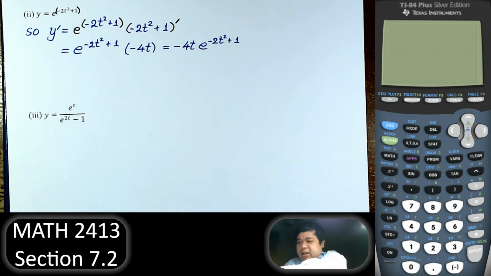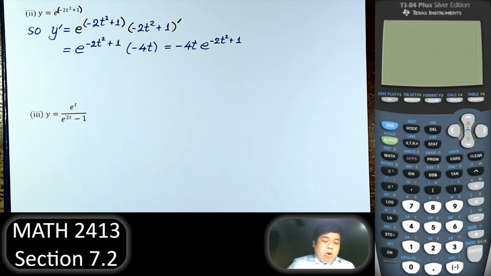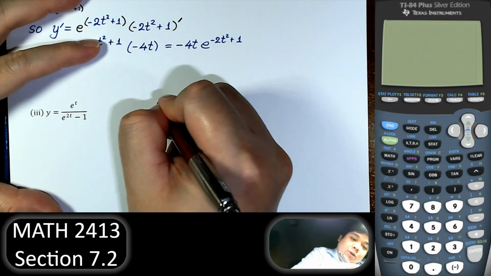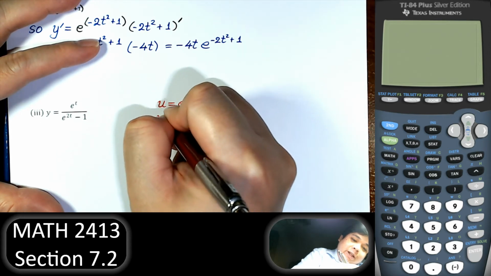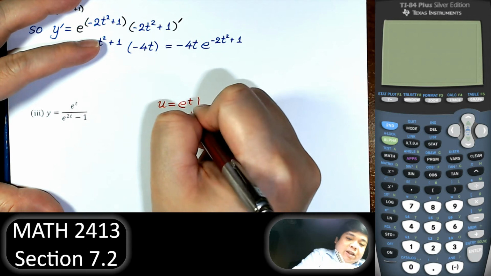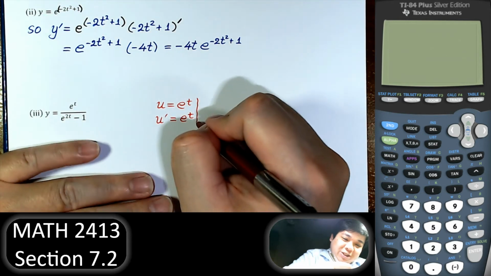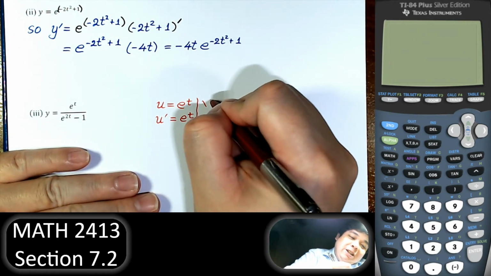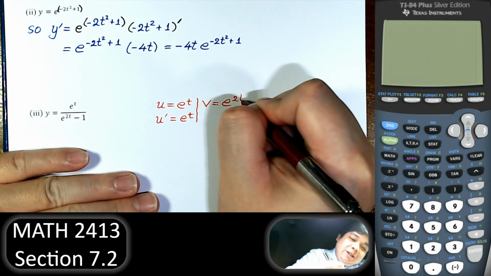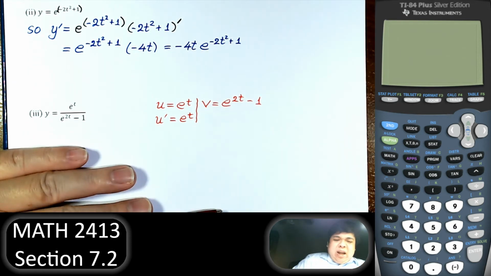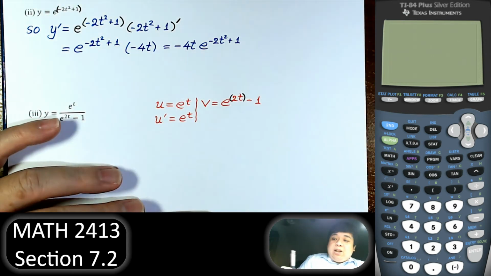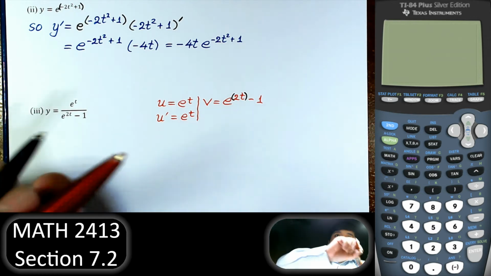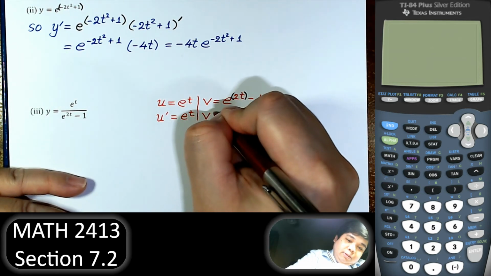Right. Next. We have this, of course, obviously the quotient rule, right? So u equal to e to the t. Derivative is the same thing. That's the easiest function to differentiate. Now if v is that, now this of course is also easy to differentiate. We can just group that and use the chain rule.